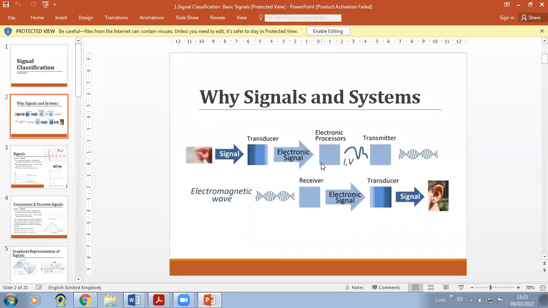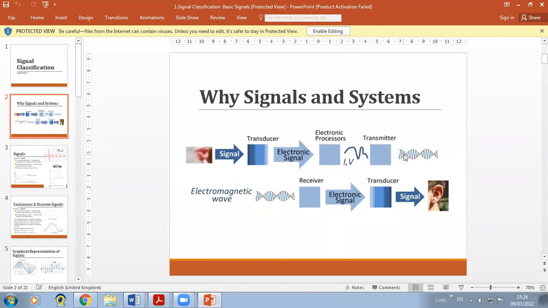Signals are always related with systems. So this whole process is a system actually. If you consider this transducer, we have an input and we have an output, so it is also a system. This transmitter is also a system, with input and output. This receiver is also a system.